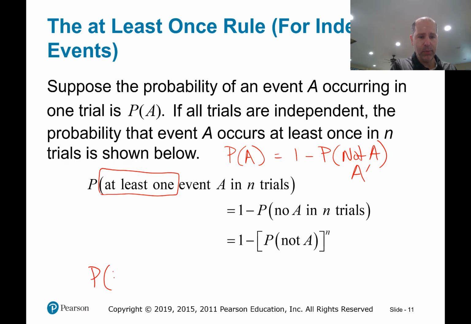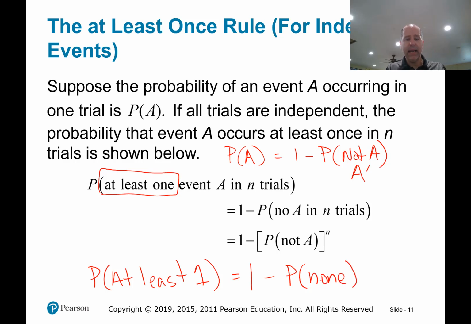I use the probability of at least one is 1 minus the probability of none. And in a lot of cases, that is a much easier probability to calculate than to calculate the probability of at least one, because you have to consider all of the options. You have to take the probability of at least 1, or 2, or 3, or 4, or 5, all the way up to whatever. Okay, so in a lot of cases, using the complement rule is a lot easier.